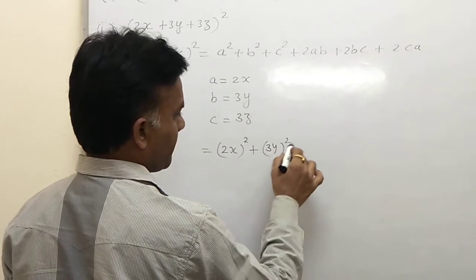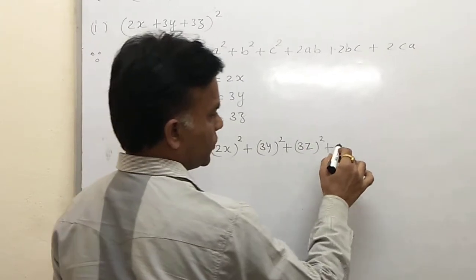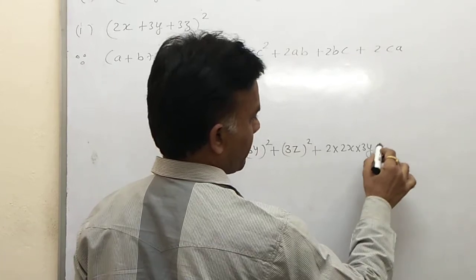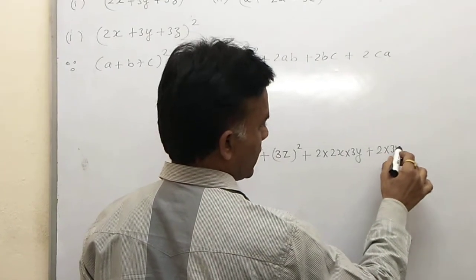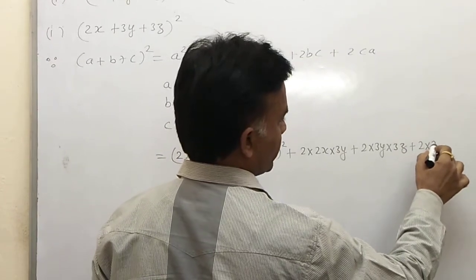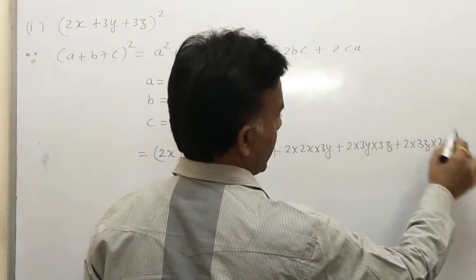(3y) whole square, (3z) whole square, 2 into 2x into 3y, 2 into 3y into 3z, plus 2 into 3z into 2x.